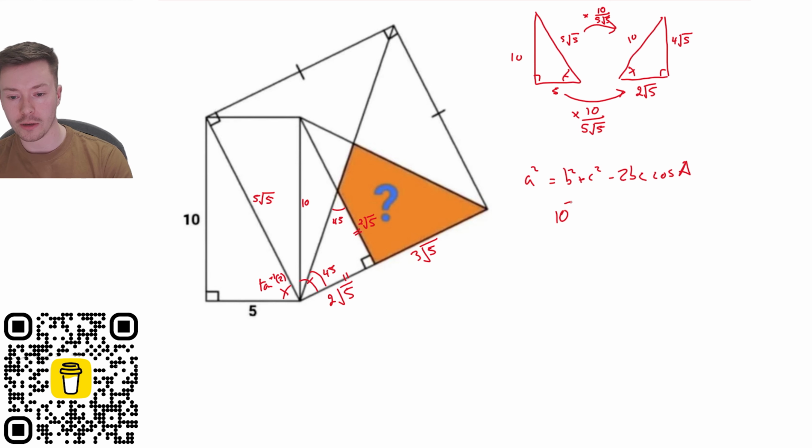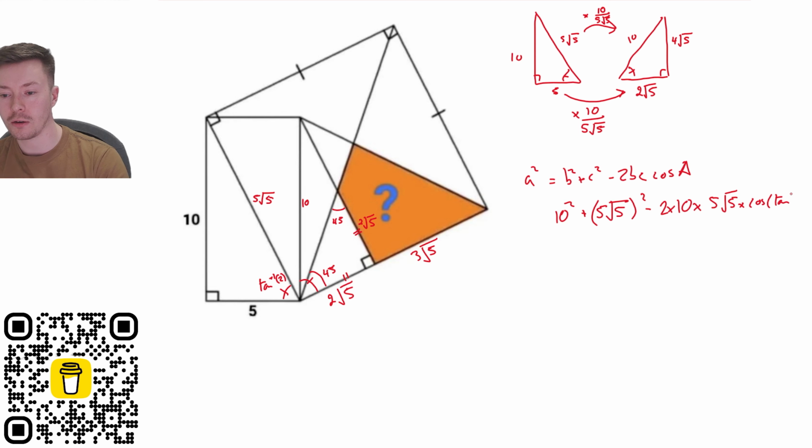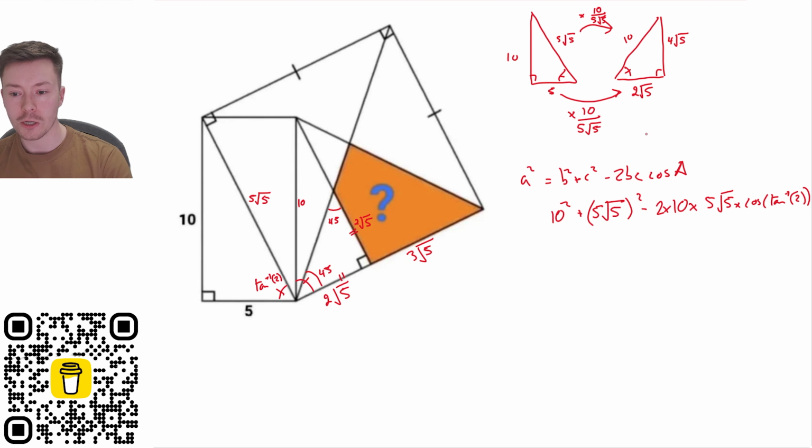I did 10 squared plus 5 root 5 squared minus 2 times 10 times 5 root 5, and then times cos of inverse tan of 2. You can just about see that. Just keep it on the page.